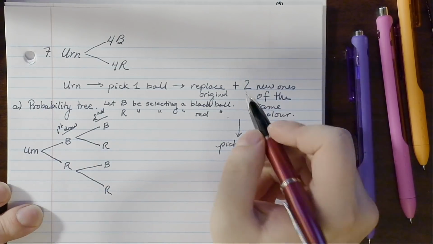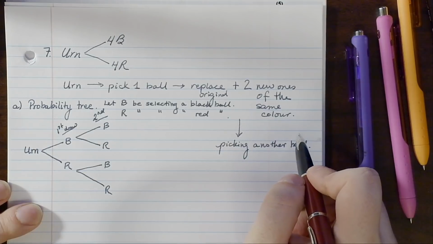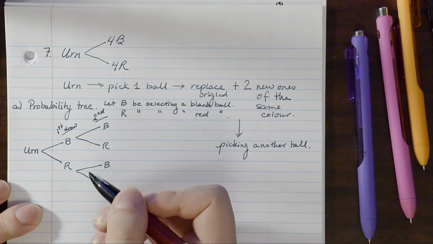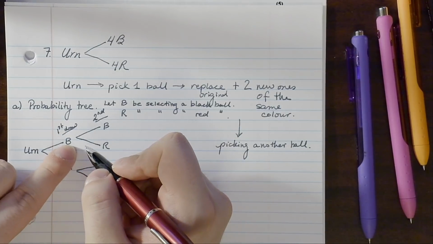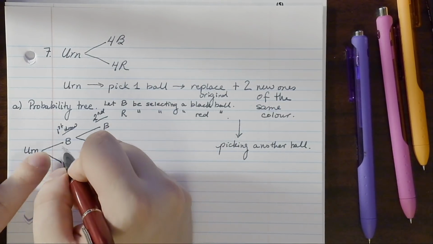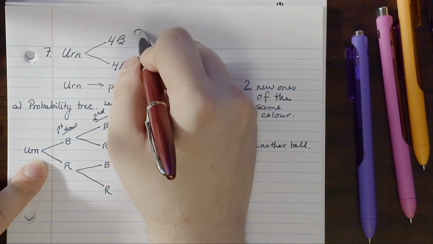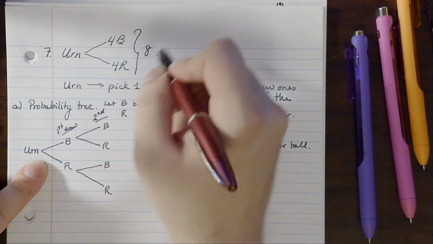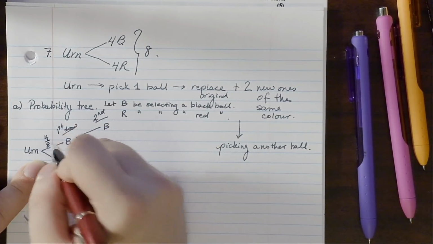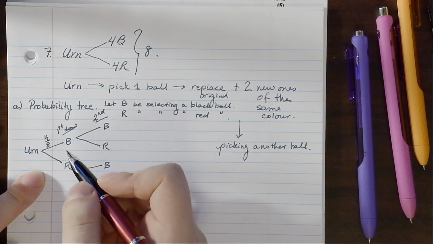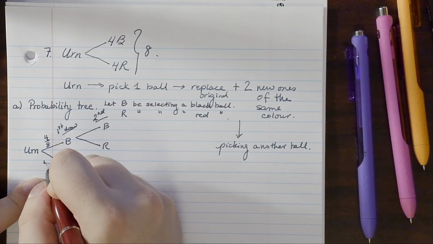This part is just going to affect my probability of picking a red or a black ball in the second draw. The probability of me picking a black ball: there's 4 black balls, and in total there's 8, so it's 4/8, or 1/2, but I'm just going to write 4/8.